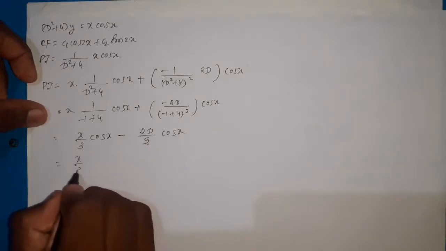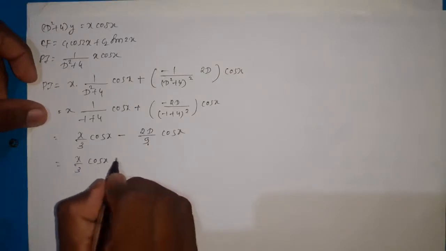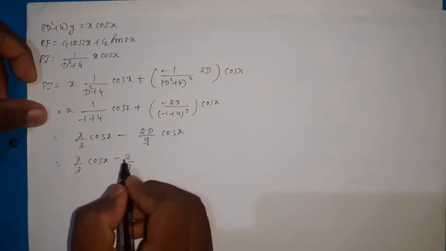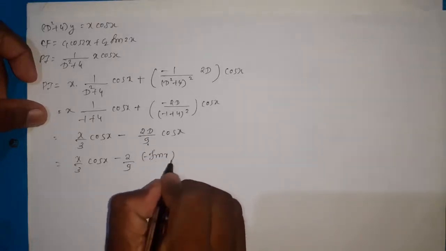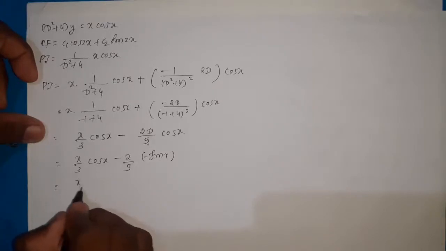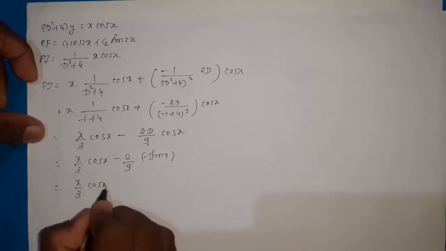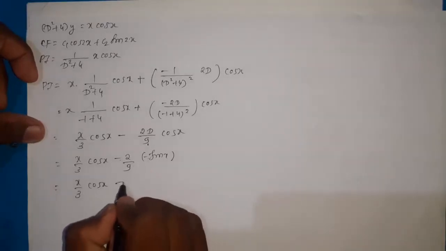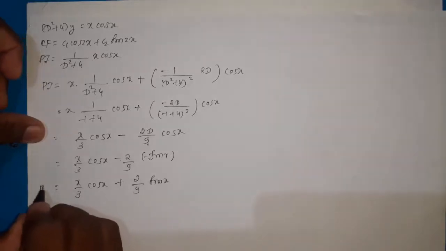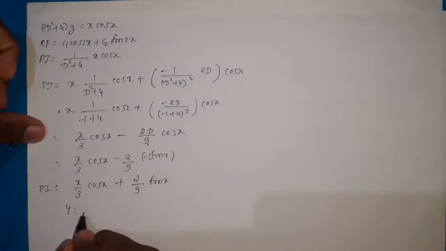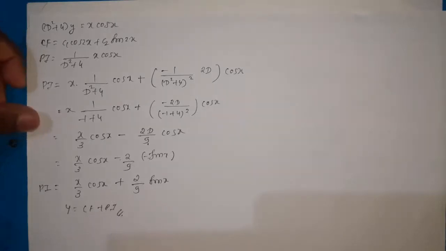Then it is x by 3 cos x minus 2 by 9 into derivative of cos x, which is minus sin x. Hence it is x by 3 cos x, minus into minus becomes plus 2 by 9 sin x. So therefore y is equal to CF plus PI, which is the required solution.